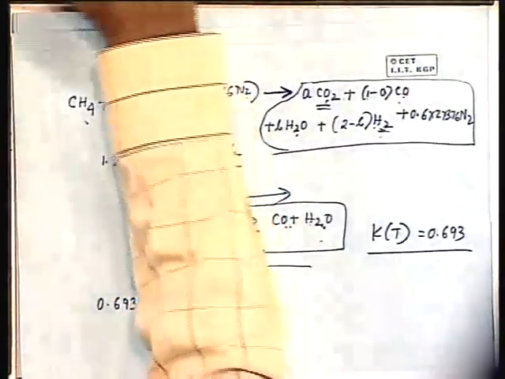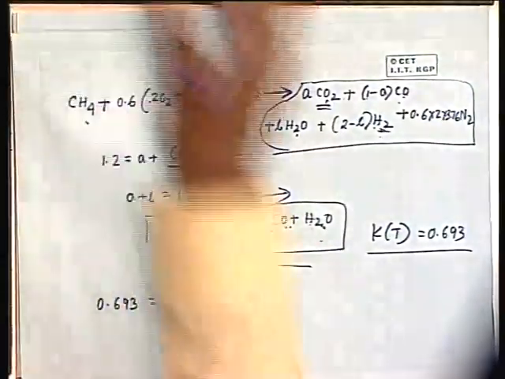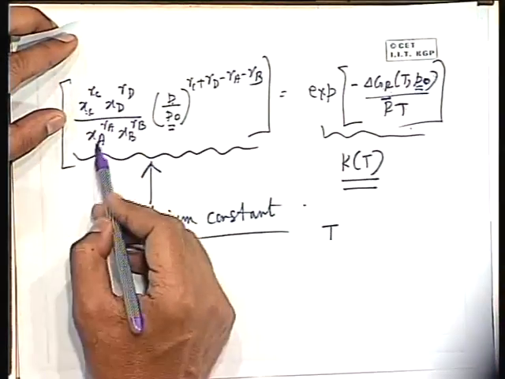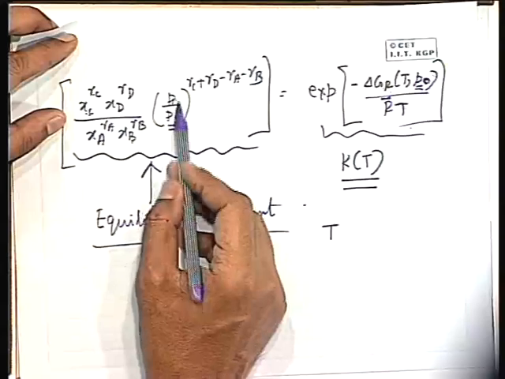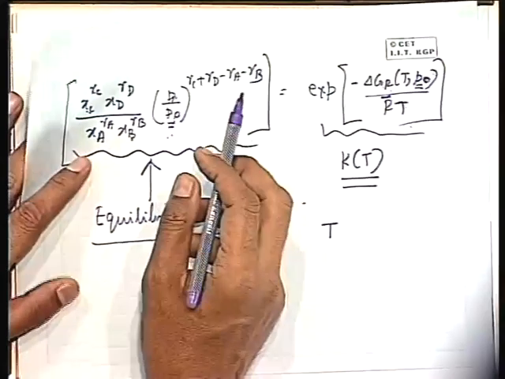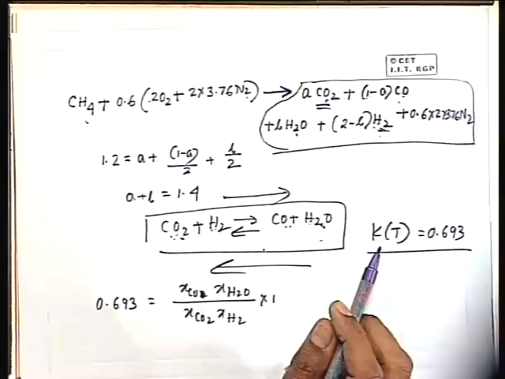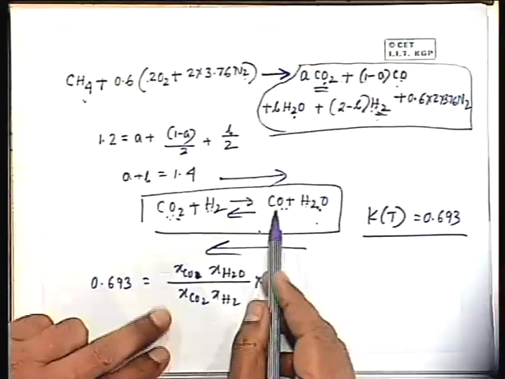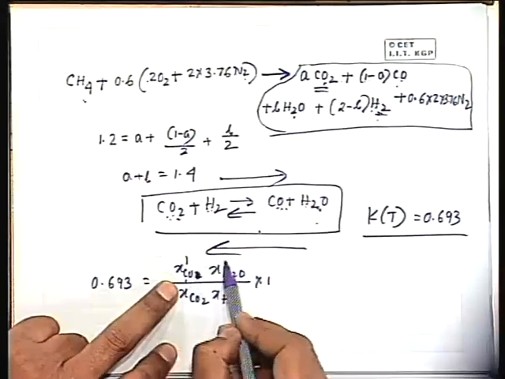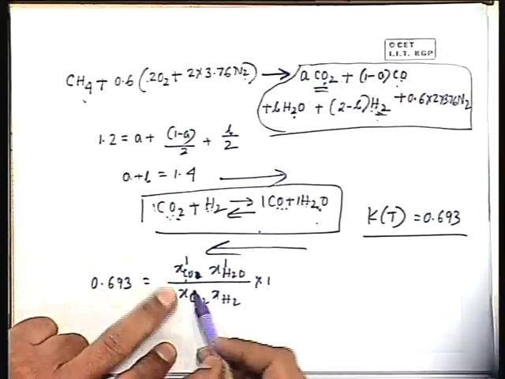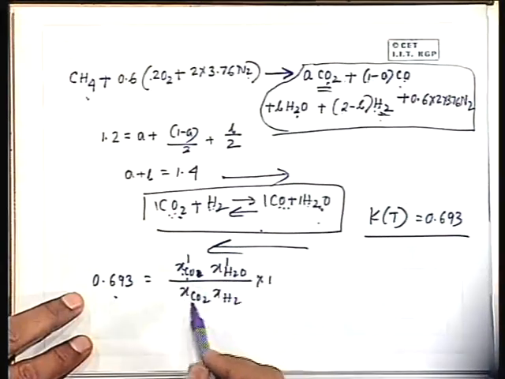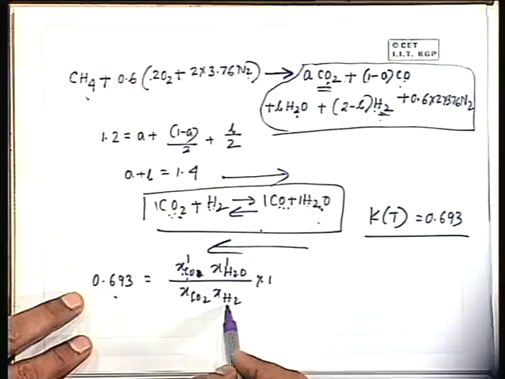This is this: X C, X D, these are the products, X A, X B, and P by P0 is 1 here, 1 atmospheric pressure, 0.01 kilonewton per meter square, that is P0. So therefore X of CO to the power 1, it is 1 1 1 1. So this is KT. So we have to find out now X CO, X H2O, X CO2, X H2.